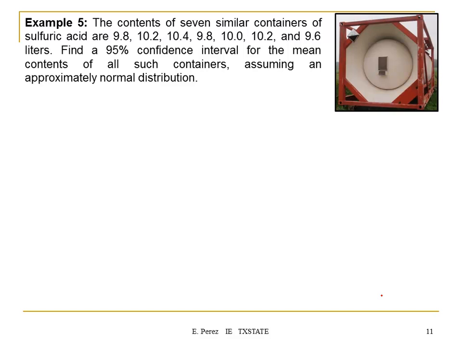As you can see in this problem, we don't have any information about the population. The only information that we have is these numbers, and they're coming from a sample. And your sample size is 7. So we're going to use this information to construct a confidence interval.